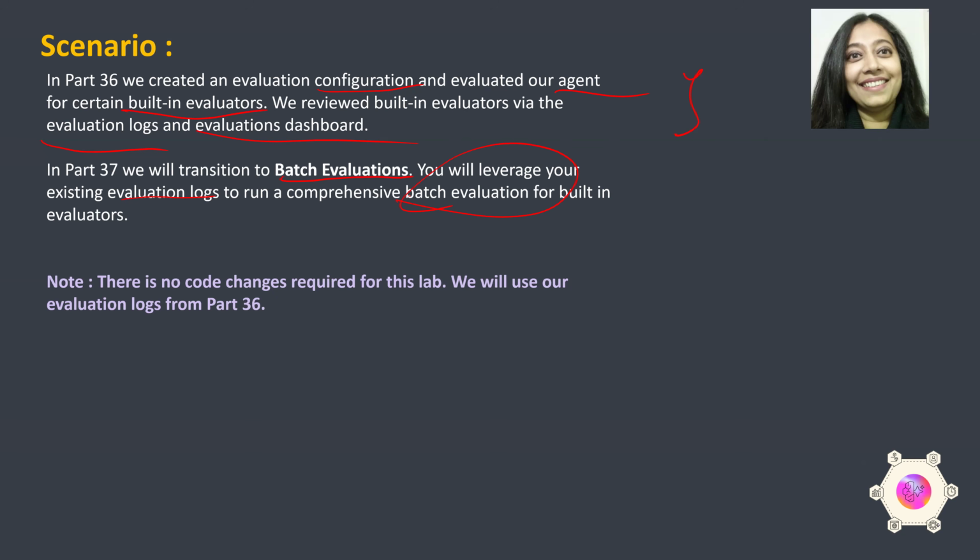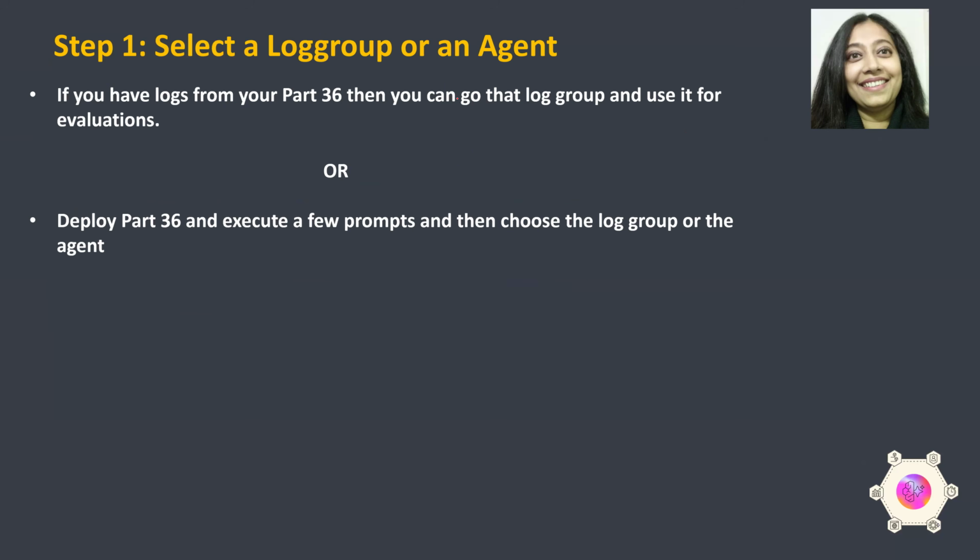Most important thing, remember there are no code changes required for this particular lab. All that we are doing is working with our evaluation logs from part 36. So hopefully the scenario is crystal clear. All that we are doing is transitioning to batch evaluations.